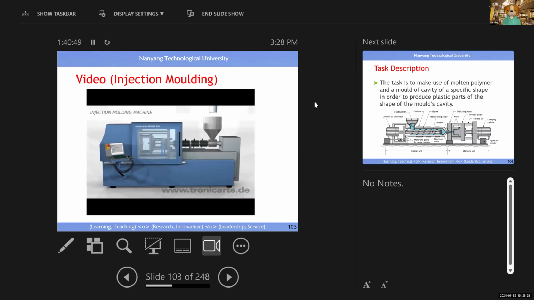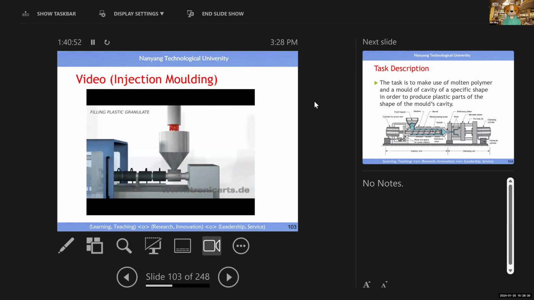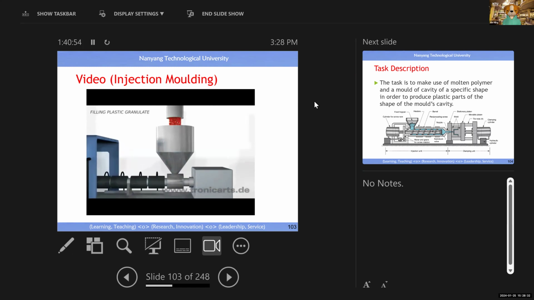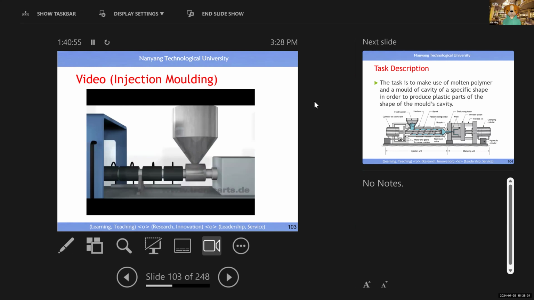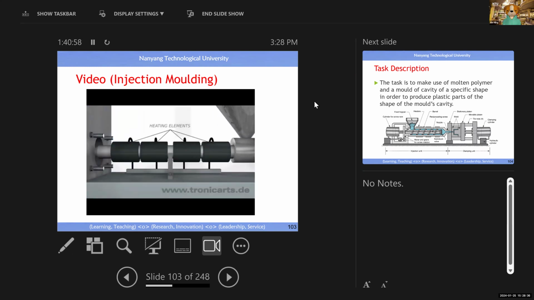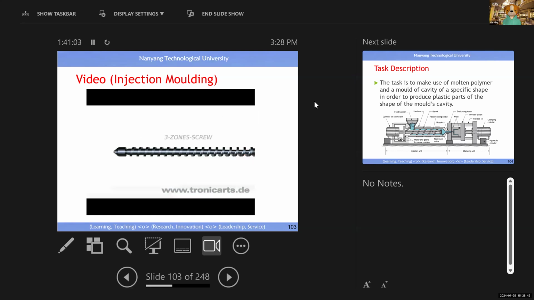Input solid in the form of tiny particles. The heater transforms solid into liquid. You see the heater, right? Solid, then inside the liquid is injected into the chamber. Then you solidify that again.